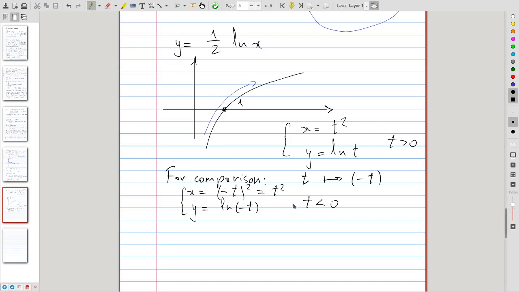And so now the trajectory on this curve, if you think of it as a trajectory of a physical particle, has the same shape, right? So if you think of this here as a different parametric curve, it has exact same shape, but now the direction of motion is like this.